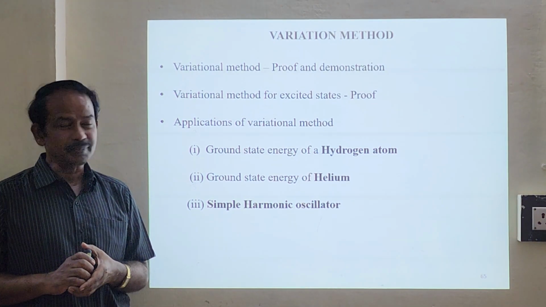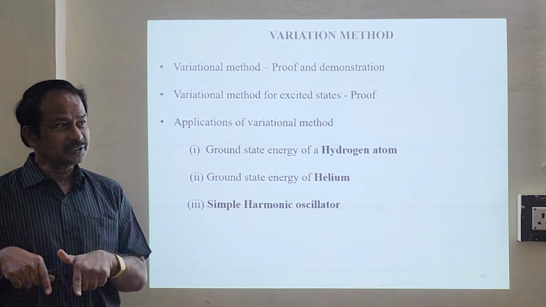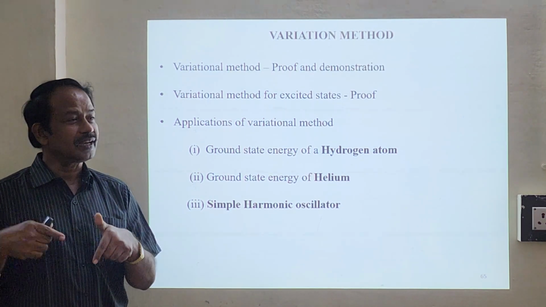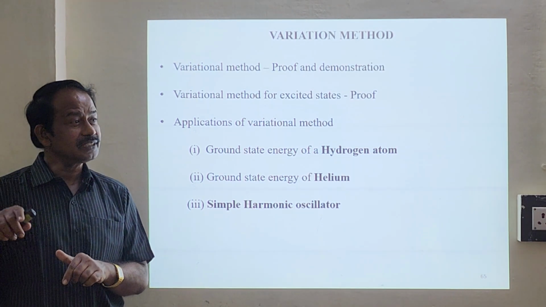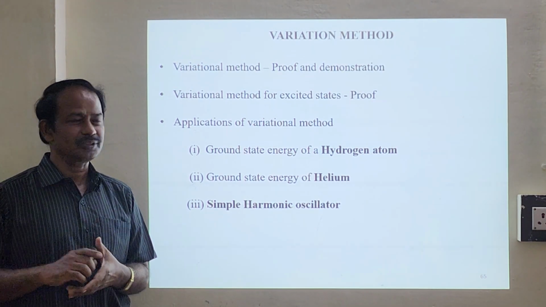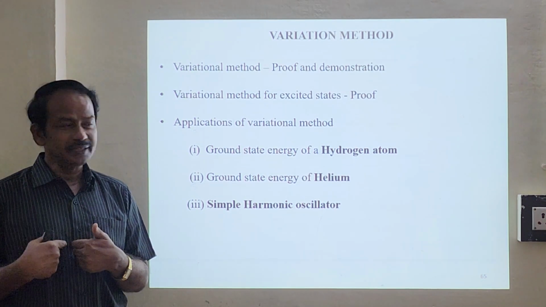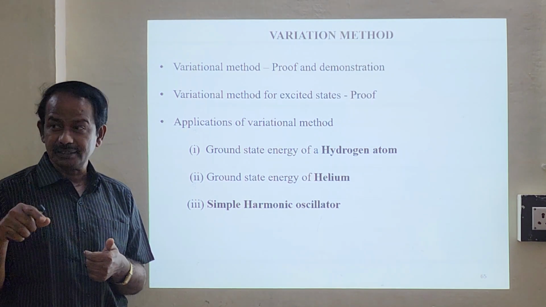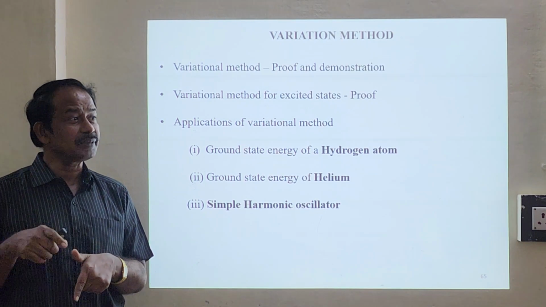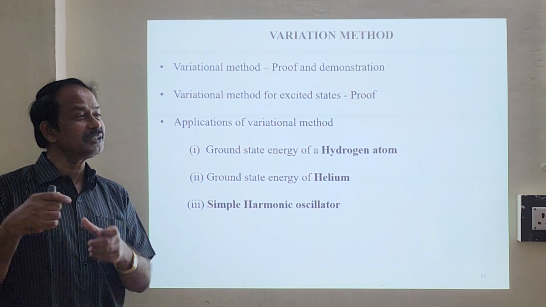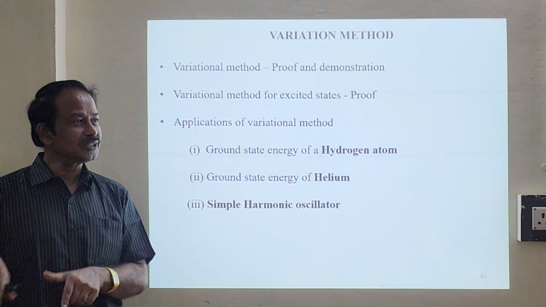I choose another wave function and I have obtained, for example, the energy eigenvalue minus 12.8 electron volt. So your energy will be minus 12.5 electron volt, my energy would be minus 12.8 electron volt. What is the actual energy by experiment? It is minus 13.6 electron volt, which is very close. The wave function which I have chosen is closer to the actual energy.